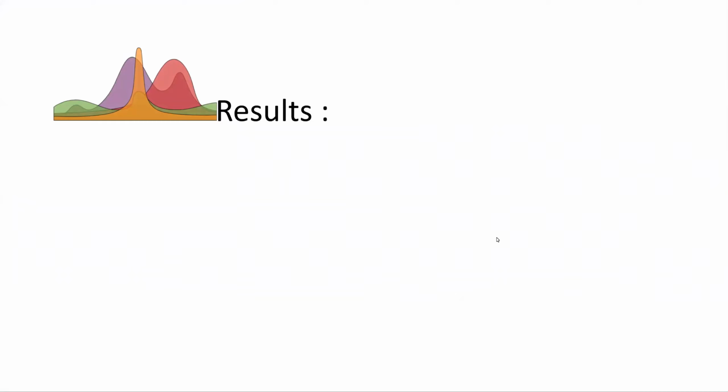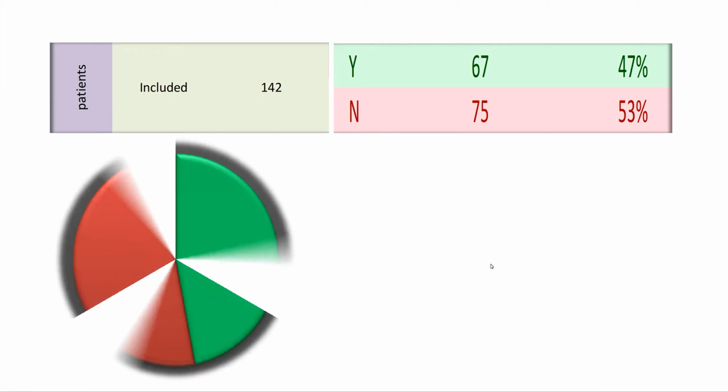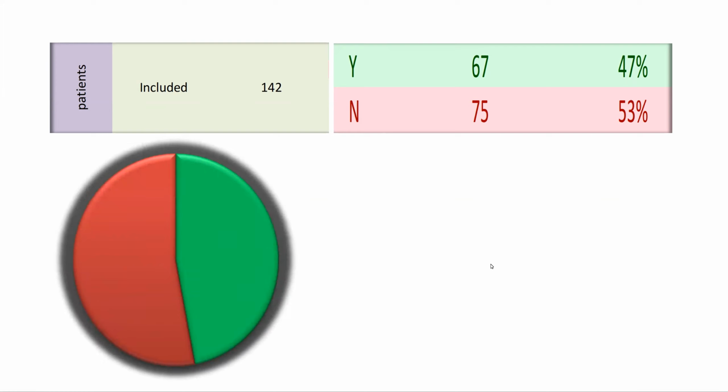And then you will put the results as a sample graph, and you are going to say we included 142 patients, 47% received, and 53% not received. And in the sample graph, the green is received and the red is not received.